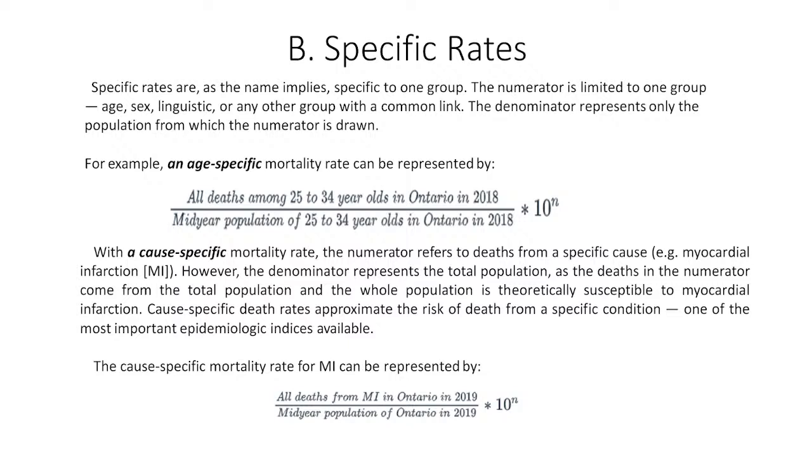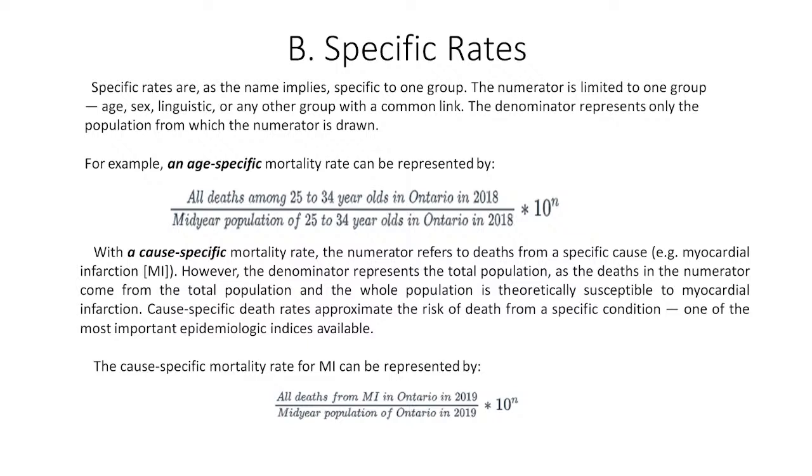For example, an age-specific mortality rate can be represented by all deaths among 25 to 34-year-olds divided by the mid-year population of 25 to 34-year-olds in this city and in this year.